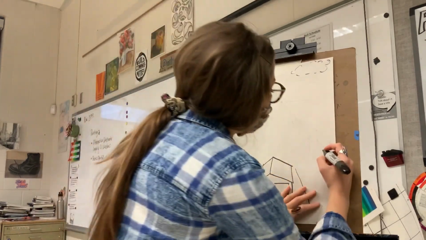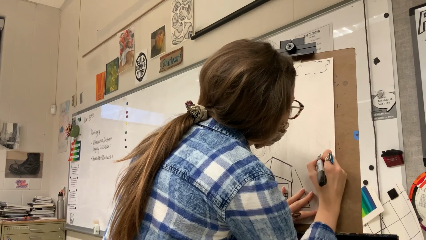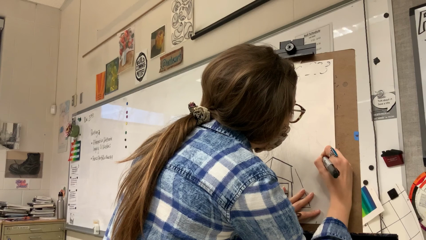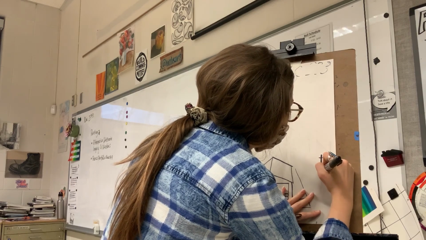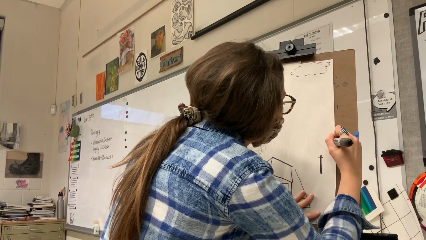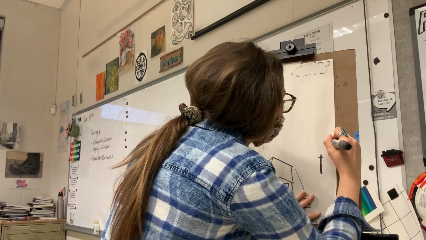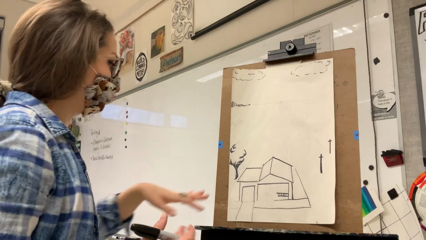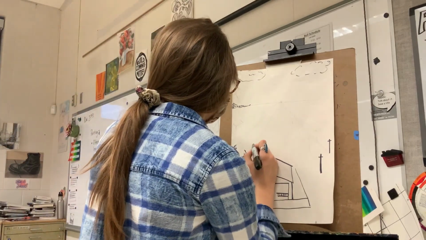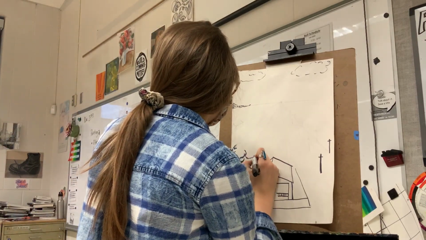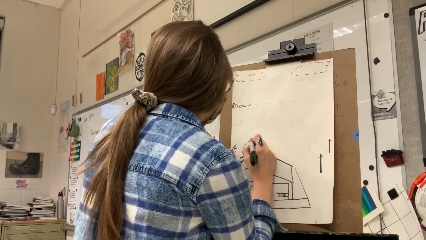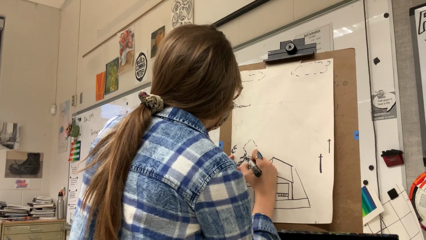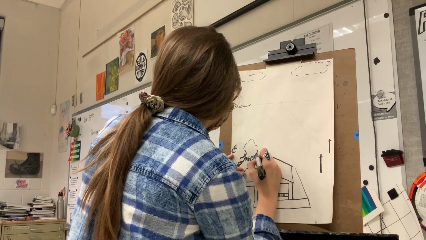So down here, all these telephone lines that are closest to us would be the largest, they would be the thickest because they're the closest to us. And then overlapping: if I have a tree behind this tree, it's overlapping that tree a little bit, but it's also overlapping where this house is.